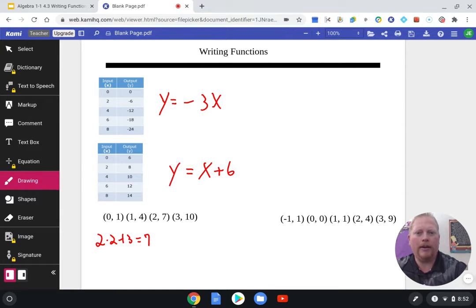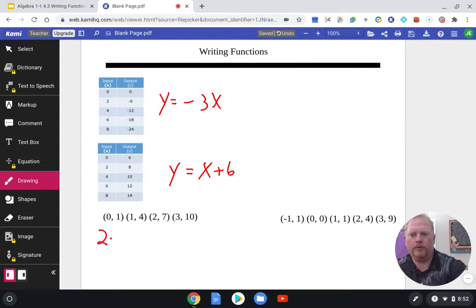Okay, let's see if that pattern holds up. What if I take 3? So 2 times 3 plus 3. That's going to be 6, add 3 makes 9. That's not the pattern. Okay, what if I multiplied by 3?